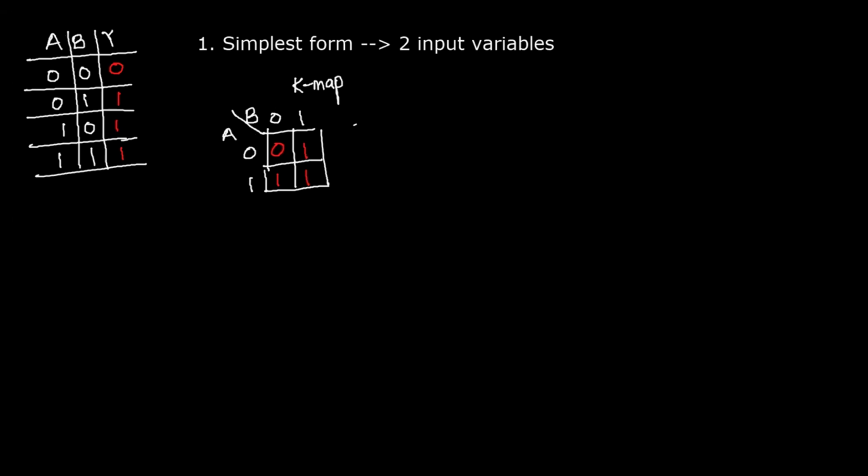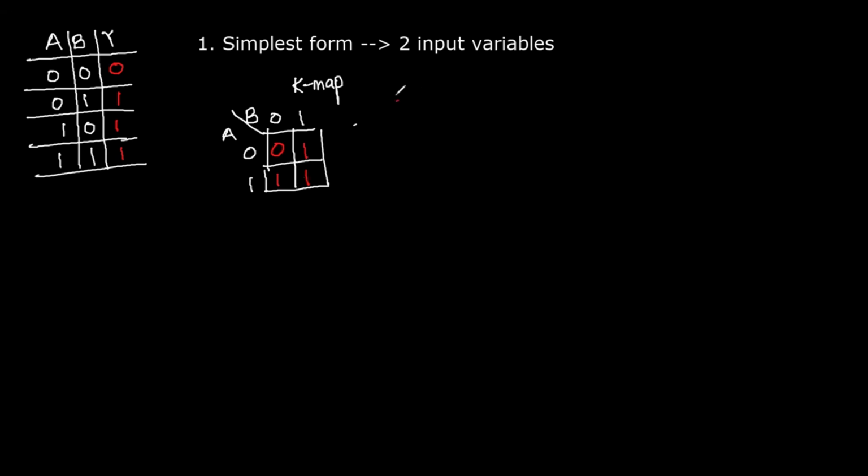And coming out with an expression for Y requires the grouping of each 1. So 1 basically means when your output is true. Grouping actually happens in powers of 2.